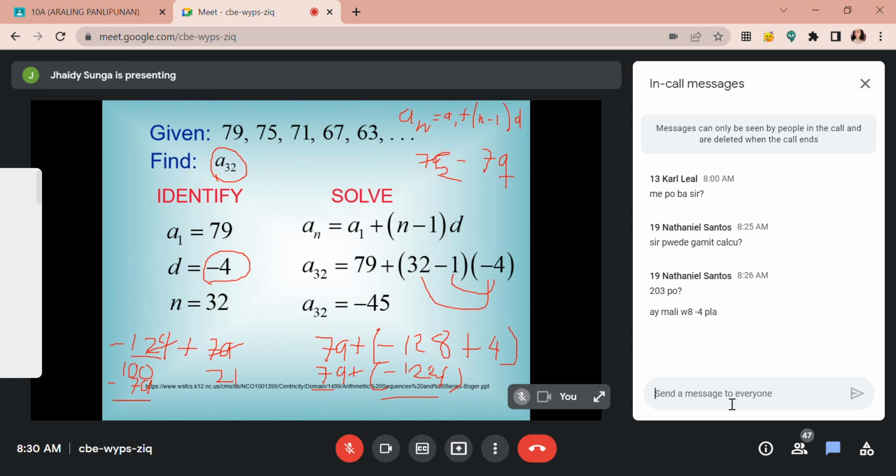So 21 plus the remaining value, plus 24, it would be 45. But your sign would be negative. So we have negative 45. Even in mental math, for example, if you pay 79 pesos for your corn dog, your change would be 21 pesos. Then you still have the value of 24. So that's the thing.